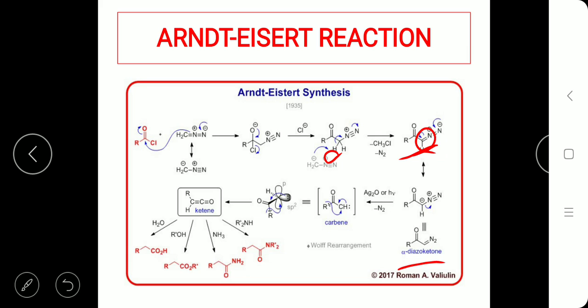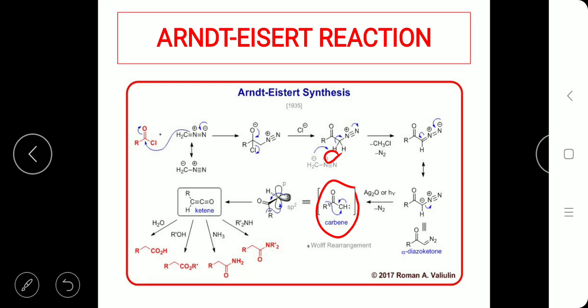That is, once we're using the reagent Ag2O, then here you can see that the nitrogen having a positive charge is going to take up the bonded pair with the carbon atom and is going to get departed as N2. That is, nitrogen is going to get departed. Now what is left out is we have a carbene of this kind.